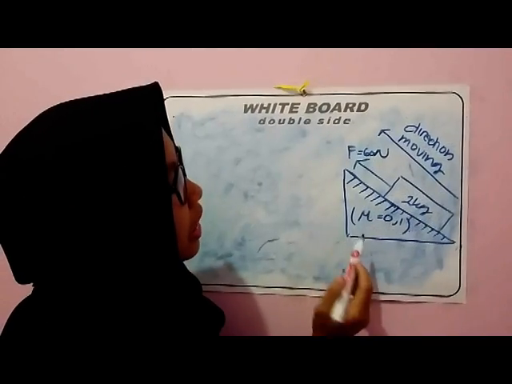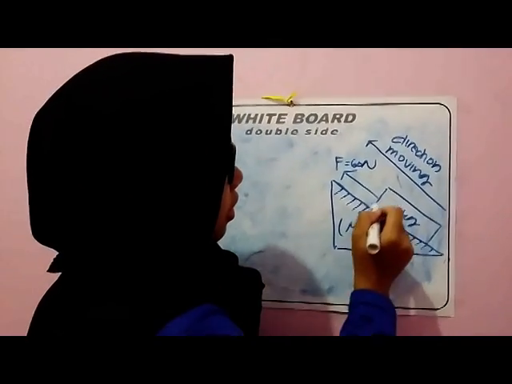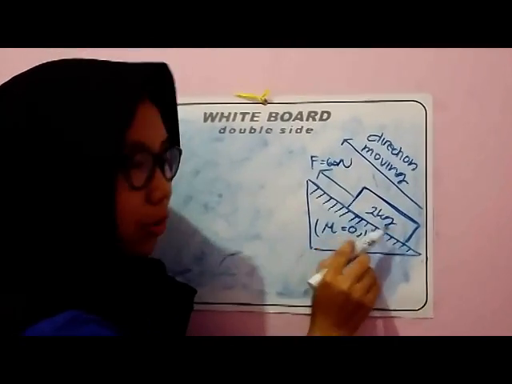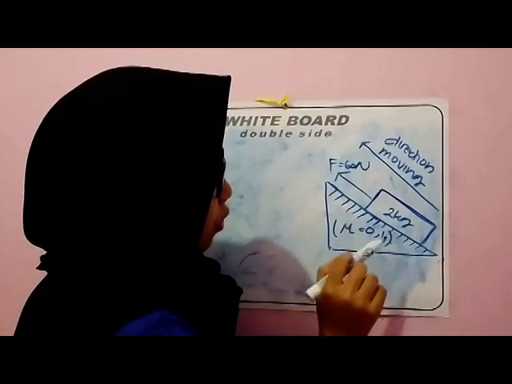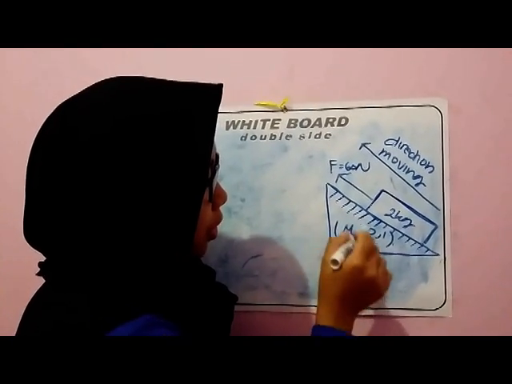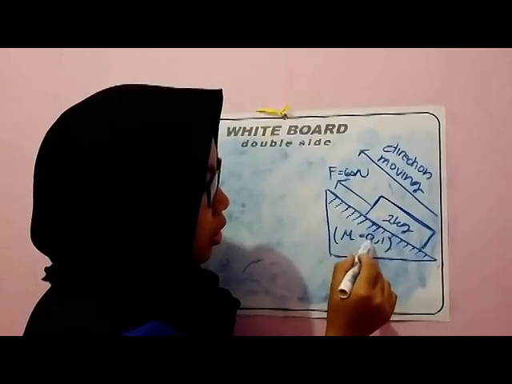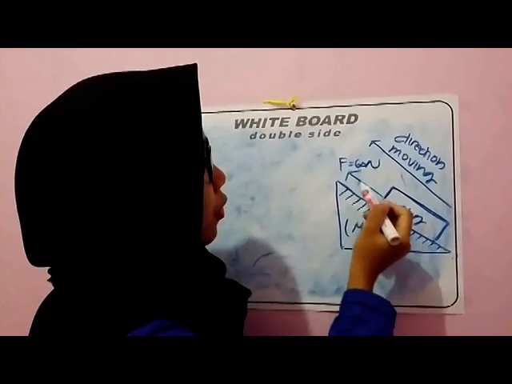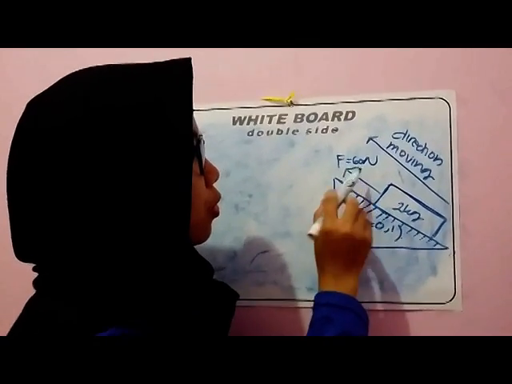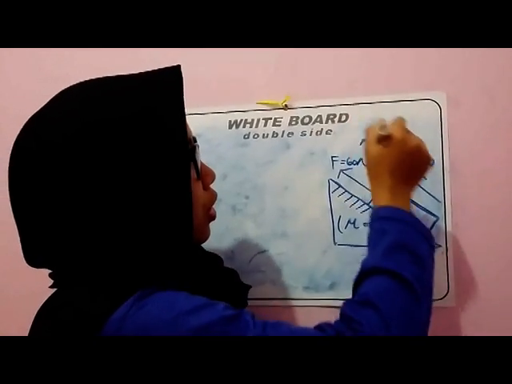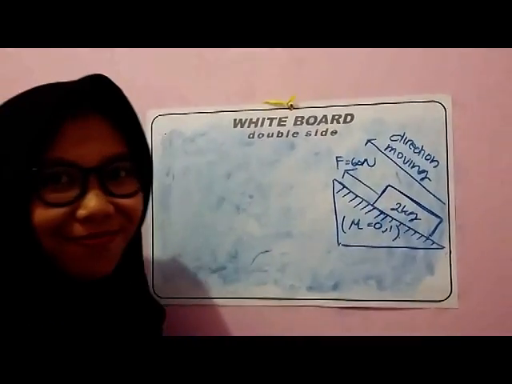For another example, the box has mass 2 kilograms and the floor is wood, so this box has mu equal to 0.1 and the force is equal to 60 N and the direction of moving is to the left.